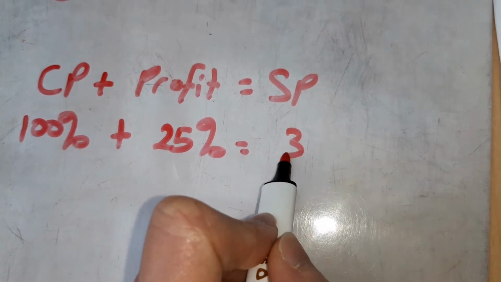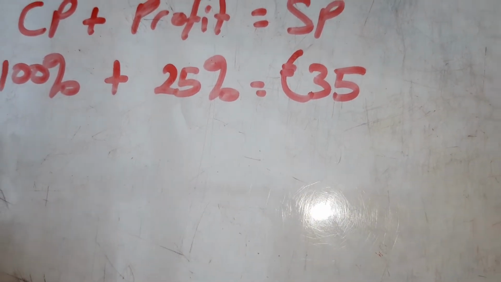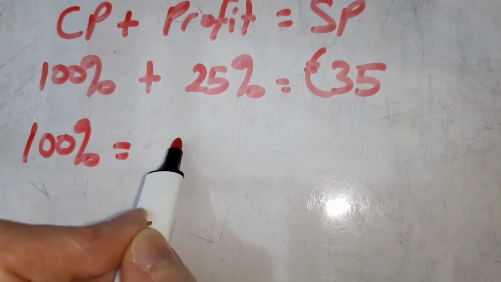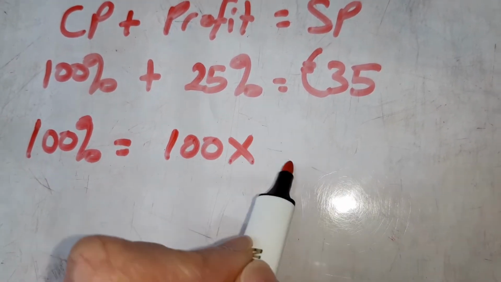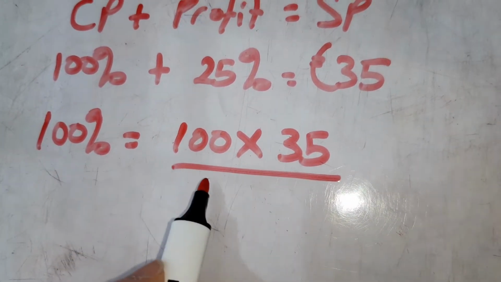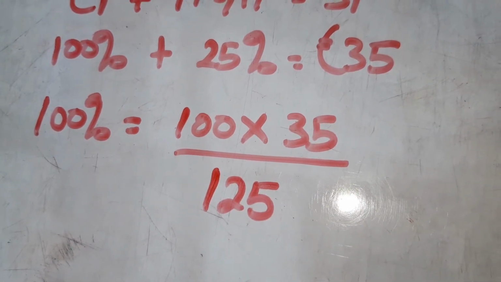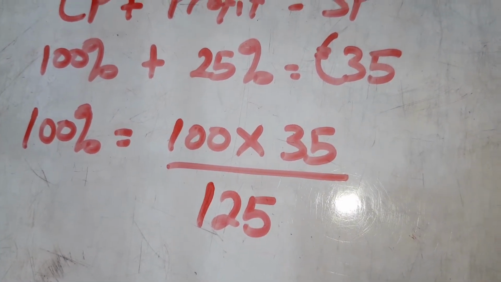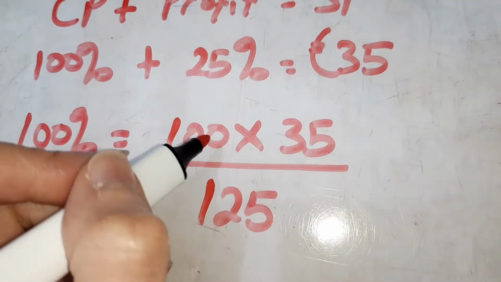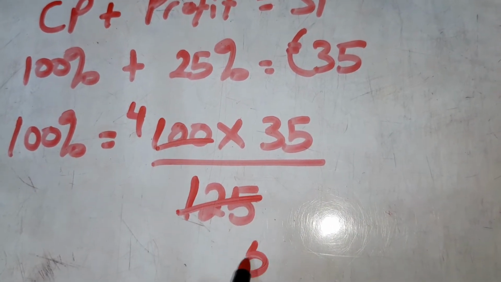That equals €35. Then you want to find what 100% on its own is. So 100% is equal to 100 times 35, the price they sold it for, divided by 125, which was the cost price plus the profit they made, and then cross divide it. You can divide these two by 25, that'll go 4 times, and that will go 5 times.